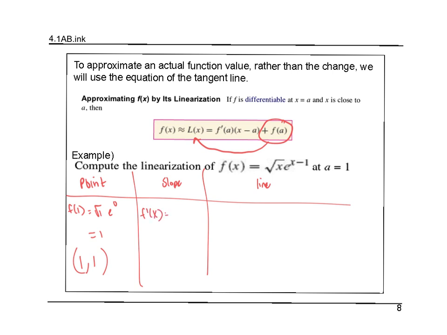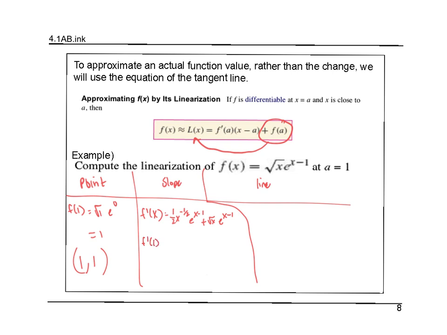Let me erase this line because I'm going to end up squishing myself in here. Okay, so the derivative here: root x derives to 1/2 x to the negative 1/2, times e to the x minus 1, which stays, plus root x times the derivative of e to the x minus 1, which is e to the x minus 1 times a 1 for the inner prime, so we don't really need that.